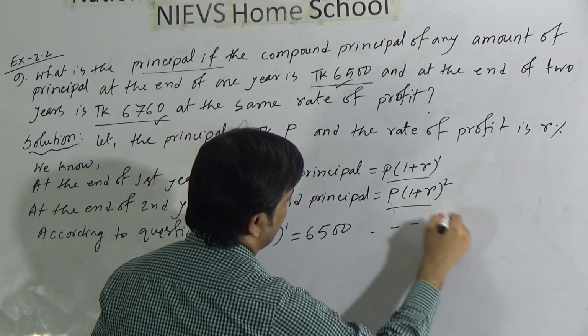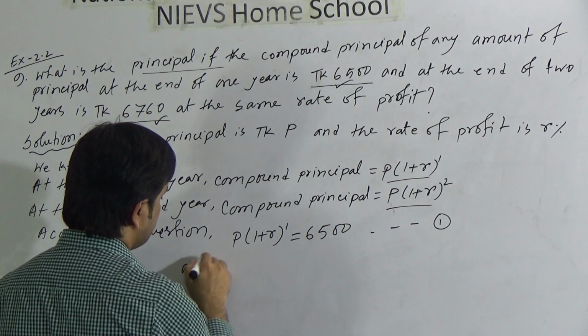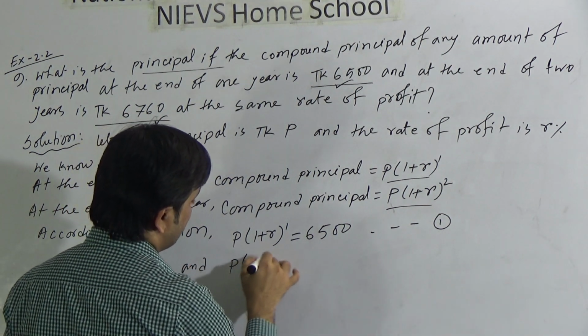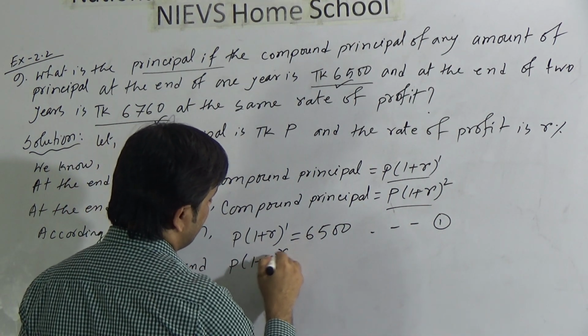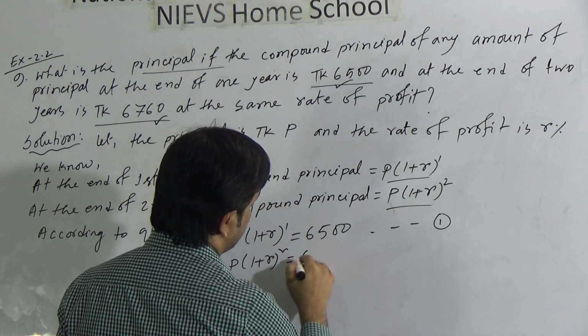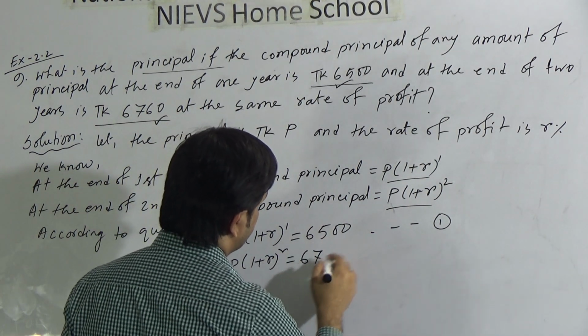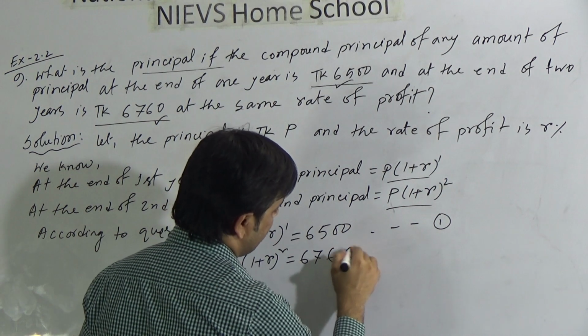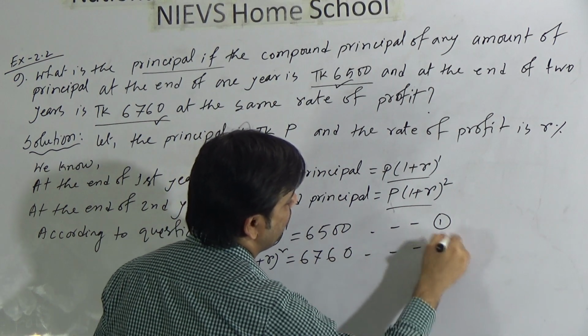This is equation 1, and P into 1 plus R whole square, it means at the end of second year the compound principal, is 6,760 taka. So this is equation 2.